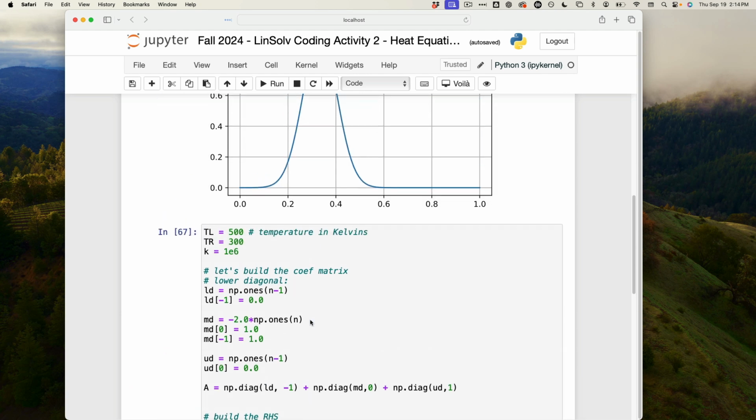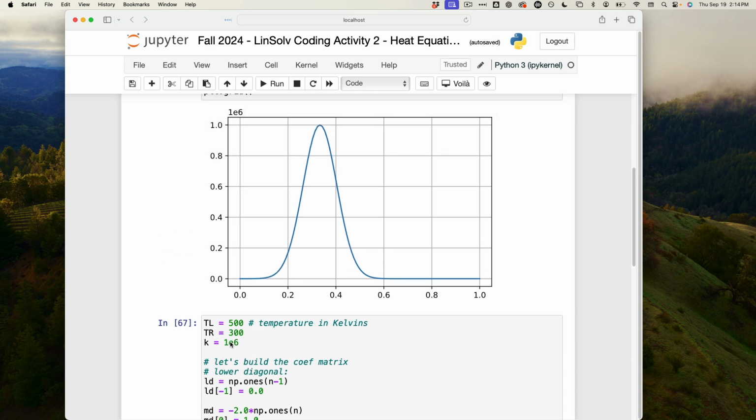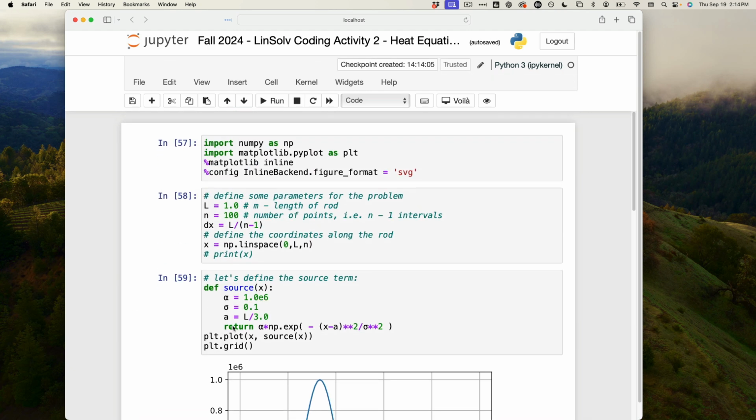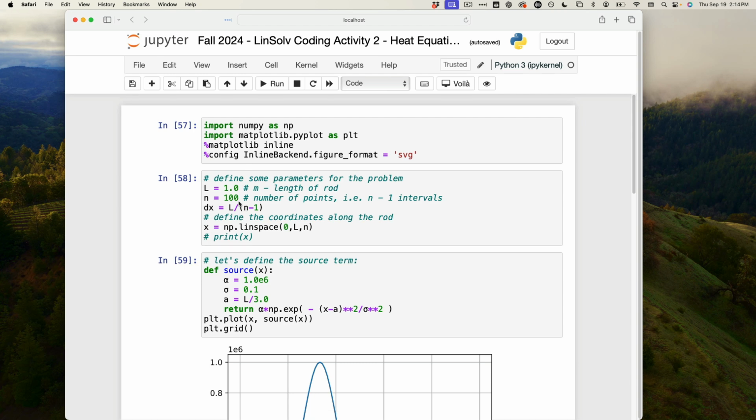I'm going to bring this back to some reasonable value, 400. The thing that determines the size of this system of equations is the number of equations, obviously, and that is tied directly to the number of grid points, which is n.